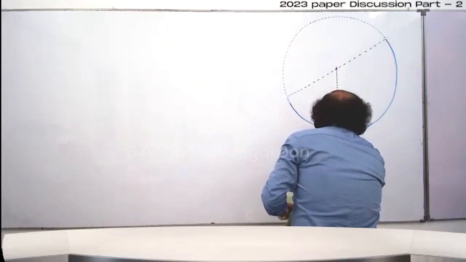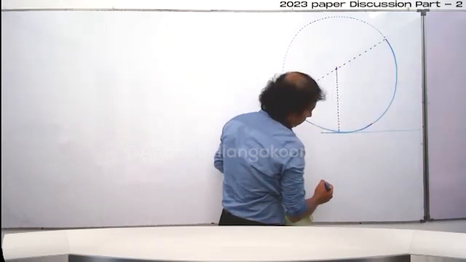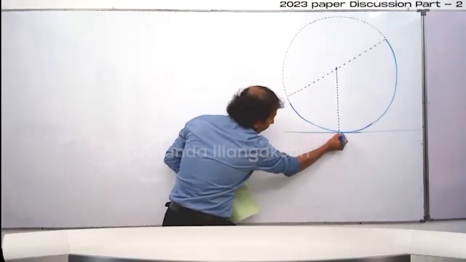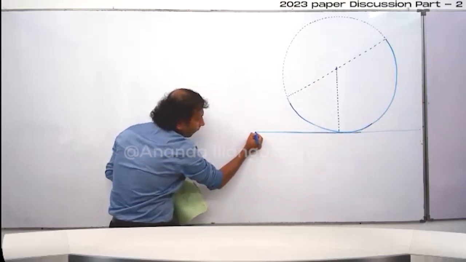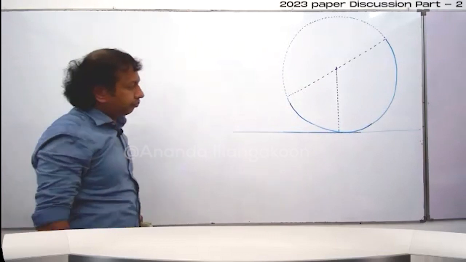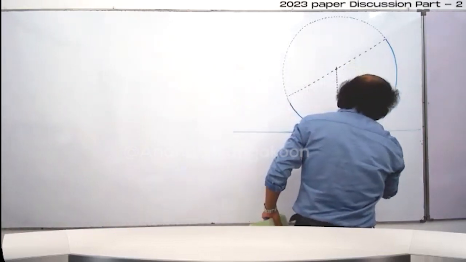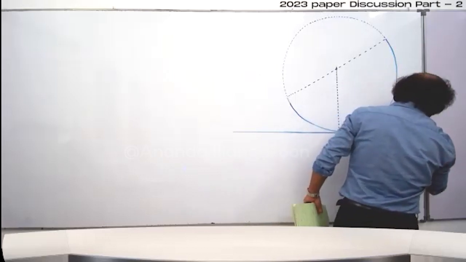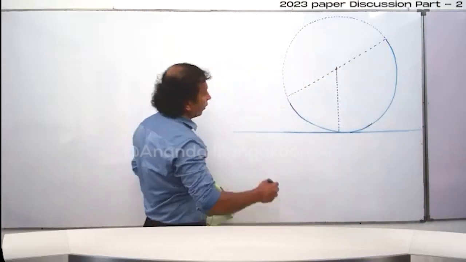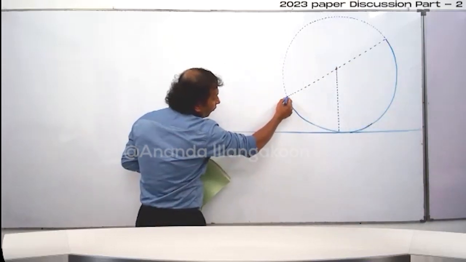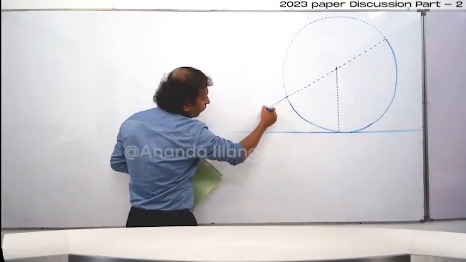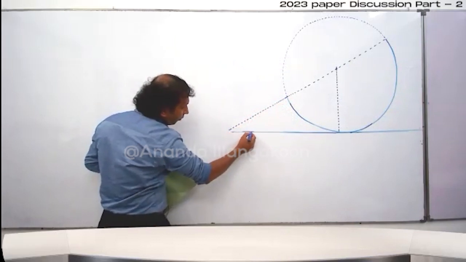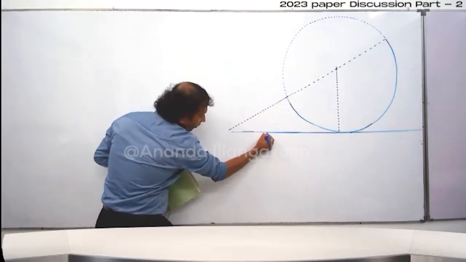These are alternate angles. And if we produce this way, a clear diagram is very important, people. This question depends on your correct diagram.